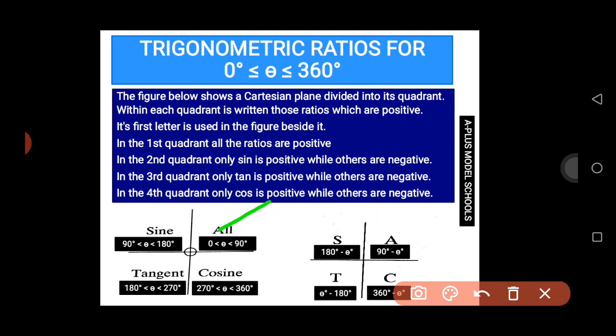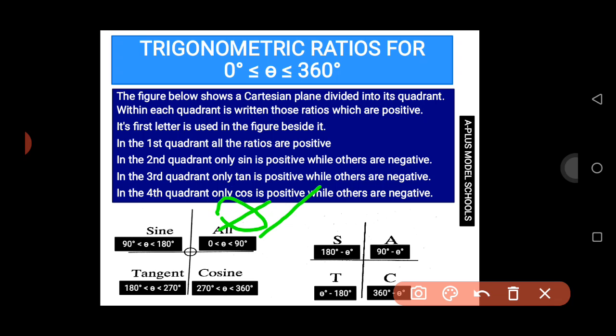So it means in the first quadrant, if you have angles between 0 and 90 degrees, that is what this set builder notation means: theta is greater than 0 degrees and theta is less than 90 degrees. So any number between 0 and 90 degrees in the first quadrant, either sine, cos, or tangent, will be positive.